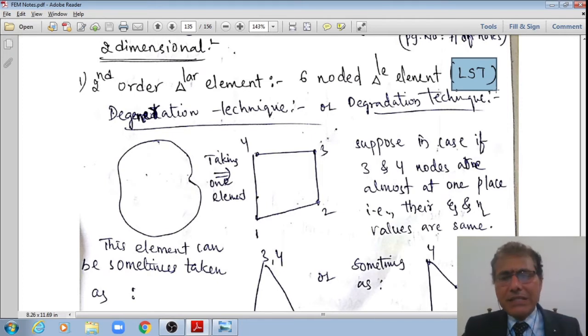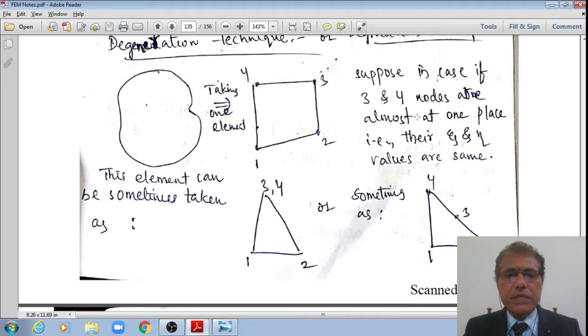Hence, this element is sometimes called the linear strain triangle, and here the shape functions are quadratic shape functions, not linear shape functions, right?